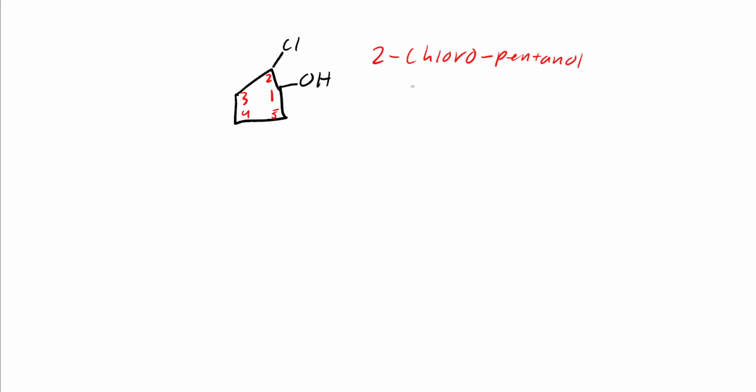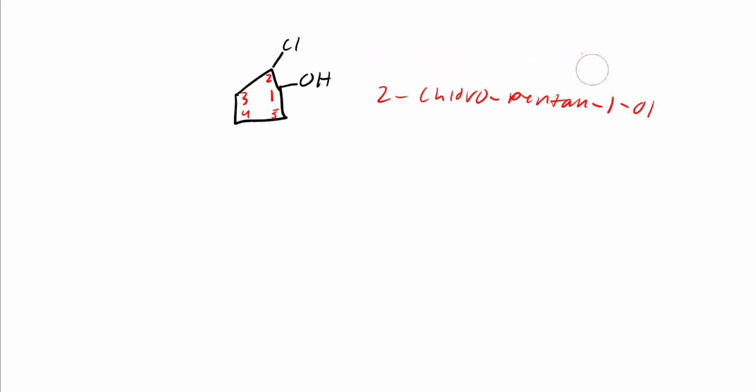Or you can say 2 chloropentan 1-ol. And now that I think about it, it would actually be like this. My mistake. It would be 2 chloro 1 pentanol. Right, because this one would actually kind of merge between it, and then these would combine.